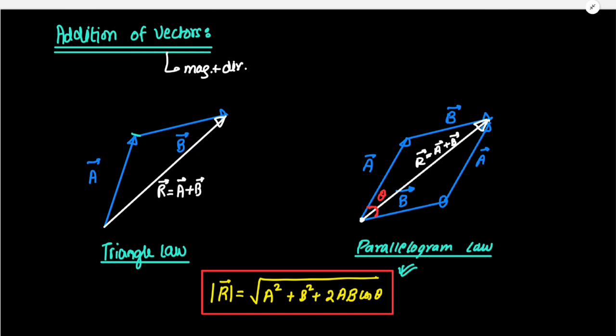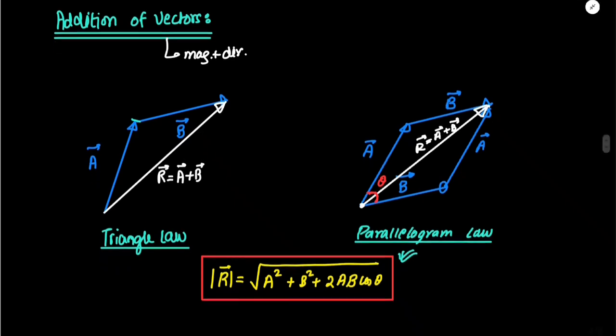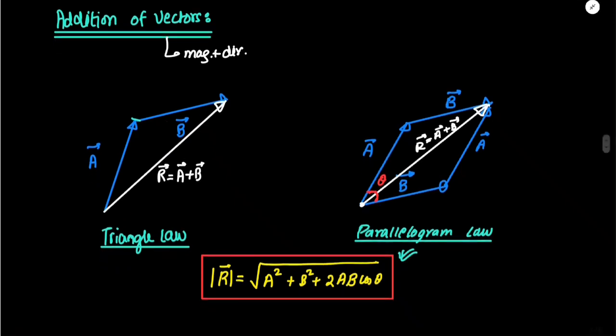And the explanation of why these things hold and why the resultants are drawn the way they are drawn is coming up in another video. Okay, so in the next video we are going to explore the notion of subtraction of vectors. However, that is not very different from addition of vectors, as you will find out.